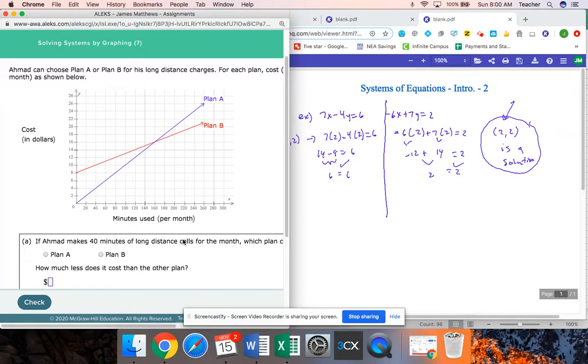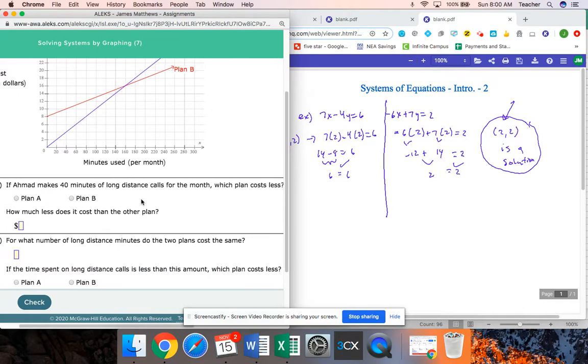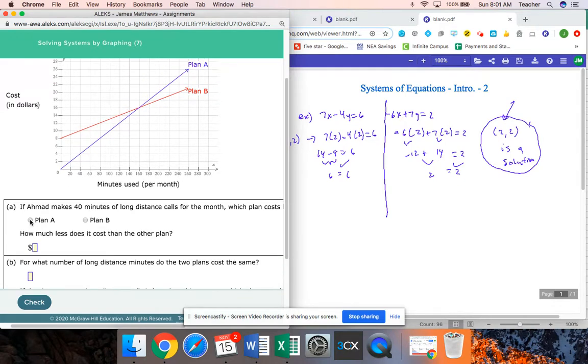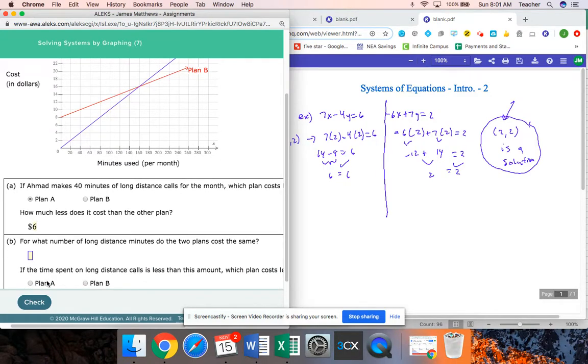So you can answer questions like, if he makes a 40-minute phone call, which plan is less? At 40 minutes, which one has a lower cost? Well, it's whatever the blue one is, which is plan A. And how much less does it cost? At 40 minutes, it's $4 versus $10, so it's $6 cheaper.